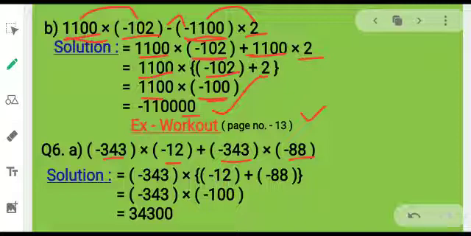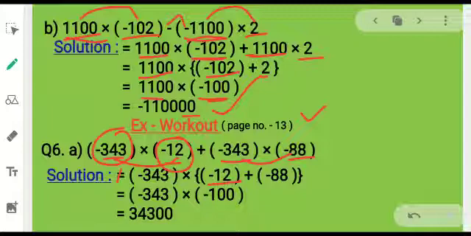So we can say x multiply by y plus x multiply by z. Now we take minus 343 as a common. In first term, if minus 343 is gone, then minus 12 is left, so we write minus 12. In second term, minus 343 if taking as a common, then minus 88 is left, so we write minus 88.